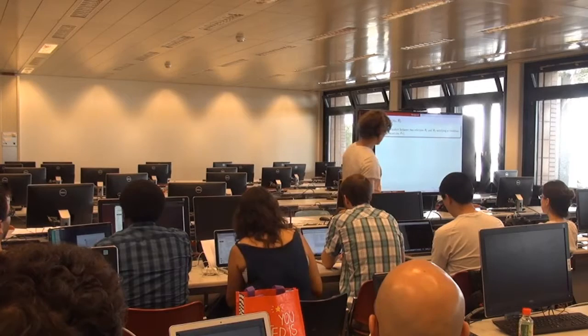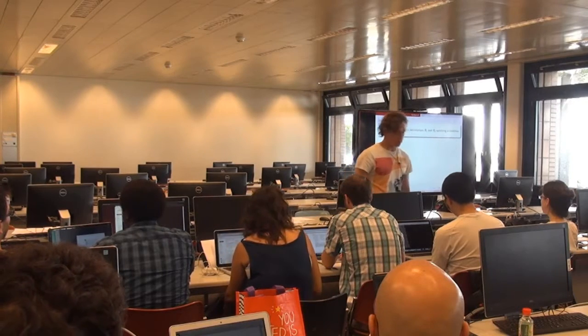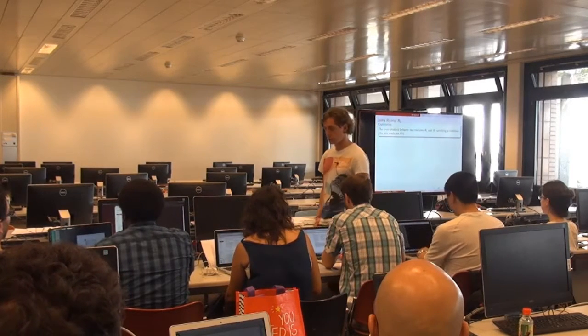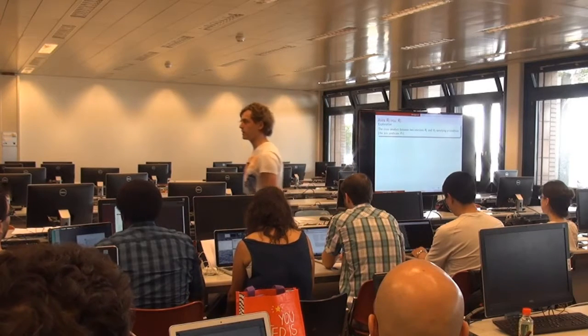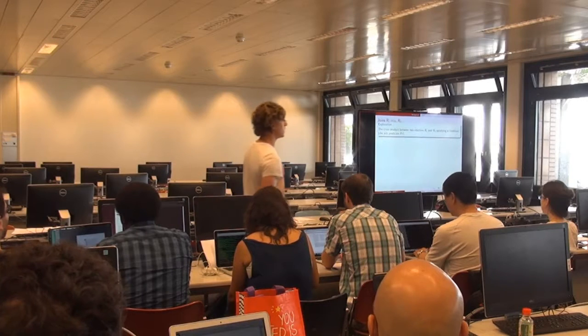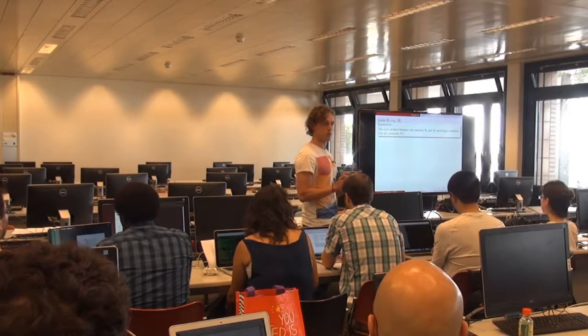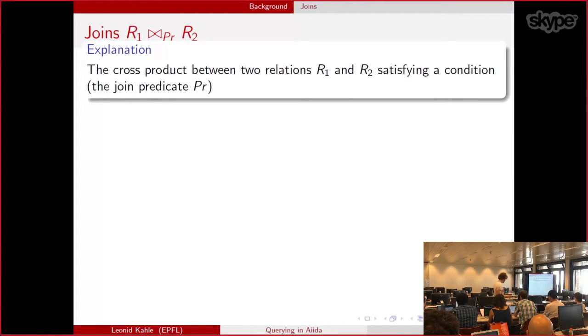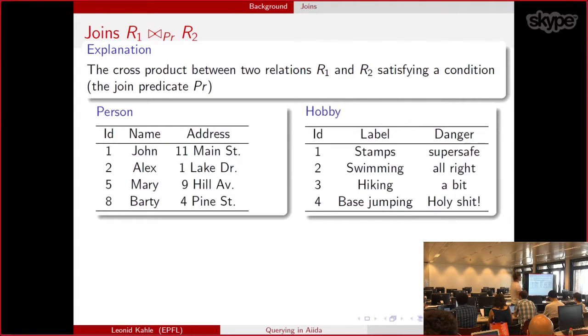Joins are probably the hardest one to explain. They are formally described as a cross product between 2 relations that satisfy what we call join predicates. You can think of it as a meaningful combination of 2 different tables or relations. So if we do something which is very meaningful, we separate the relations person and hobby into 2 different relations.